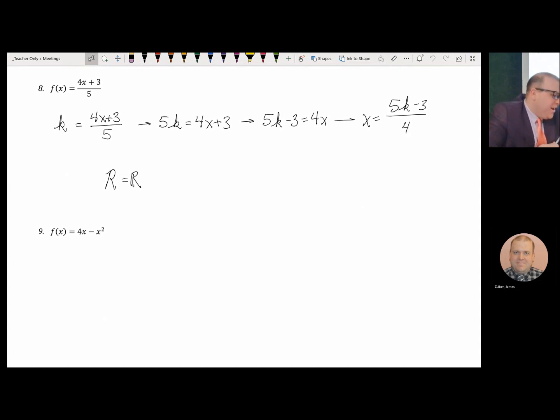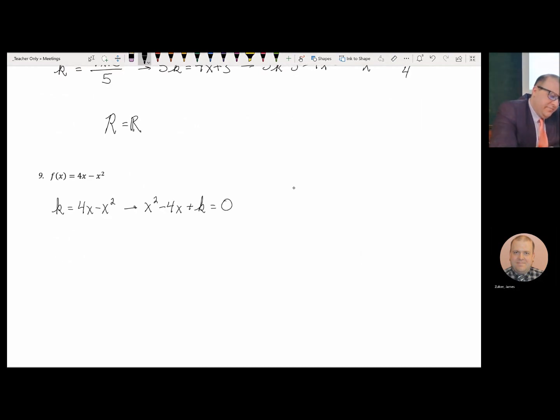What about 4x minus x squared? We start the same way, and we want to solve for x. So just move everything to one side. We get x squared minus 4x plus k is equal to 0. Well, that's a quadratic.